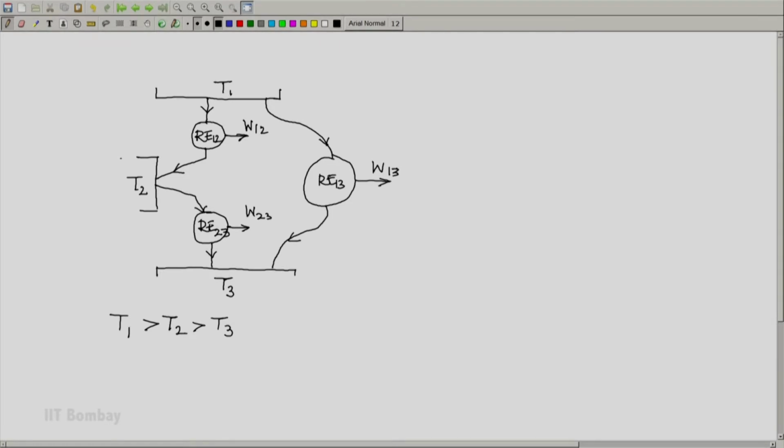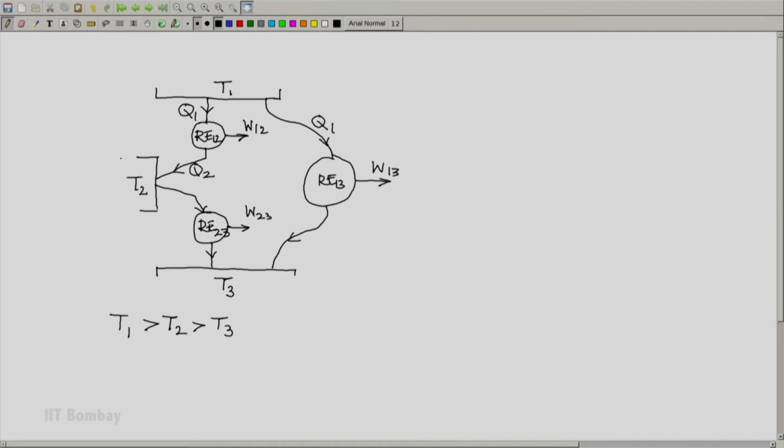Now let us adjust the working of the engines in such a way that T1 provides heat Q1 to this engine RE12. Let T1 also provide the same amount of heat Q1, another stream of heat, to RE13. Let RE12 reject an amount Q2 to T2.